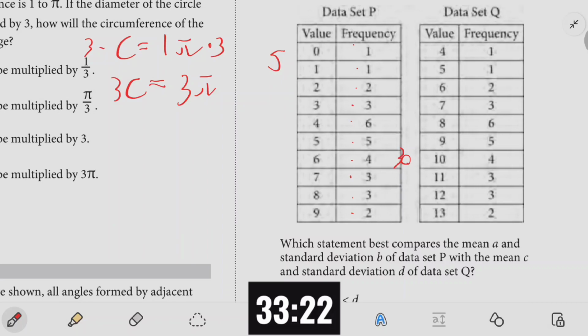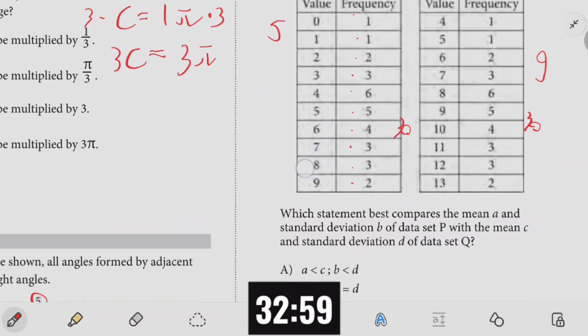Plus 12, plus 12, plus 12, plus 13. 270. Okay. 1, 2, 4, 7, 13, 18, 22, 25, 28, 30. Okay, so this one is 270 divided by 30.